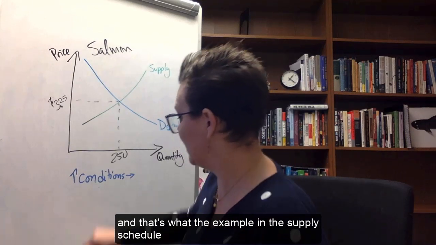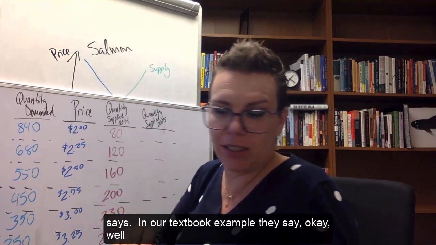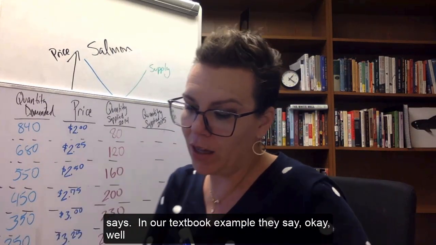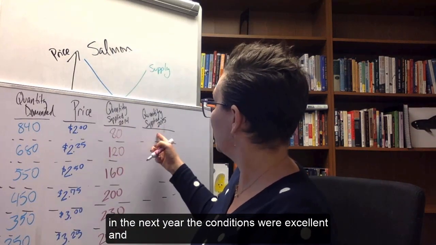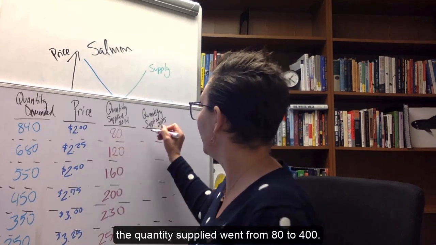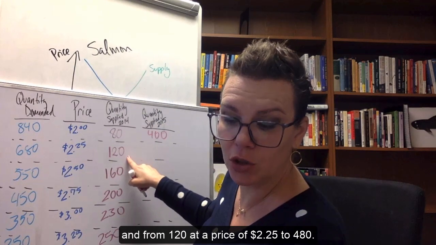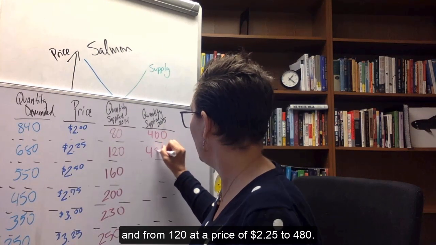And that's what the example in the supply schedule says. In our textbook example, they say, okay, in the next year, the conditions were excellent and the quantity supplied went from 80 to 400 and from 120 at a price of 225 to 480.